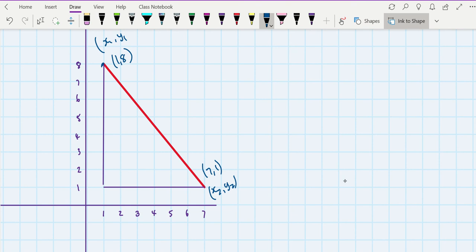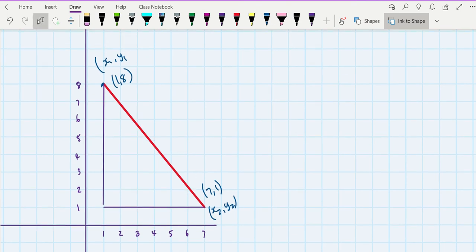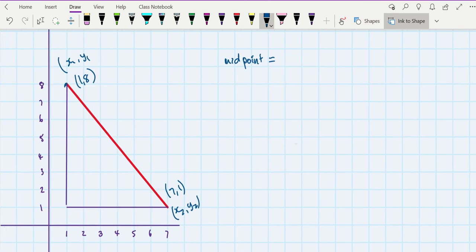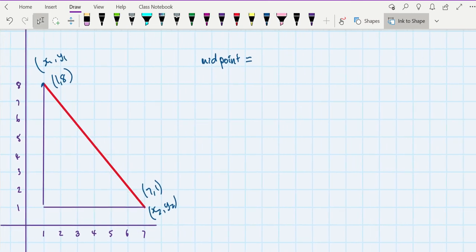And let's just find the midpoint first of all, and then we might find the length of the line. So the average of the x values: we've got our first one, which is 1, and then 1 plus 7 over 2. Well, 1 plus 7 is 8, over 2 equals 4.